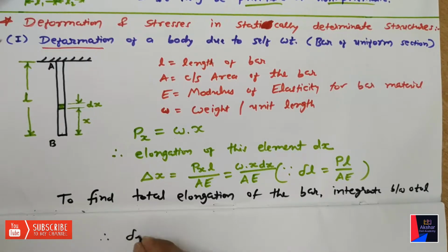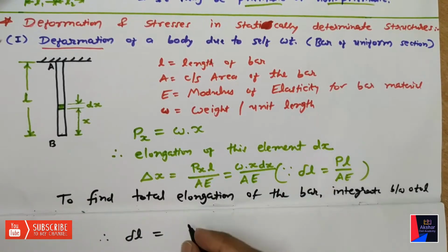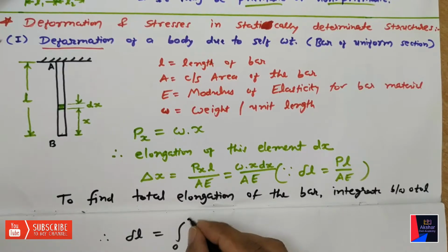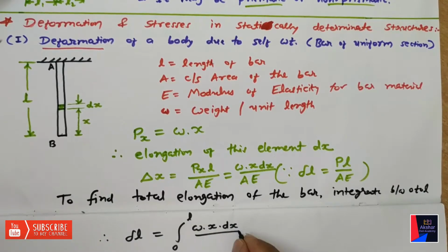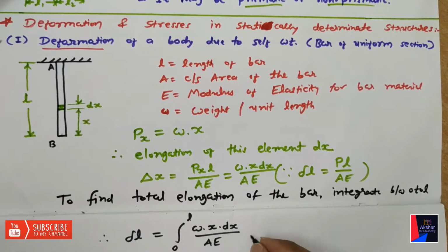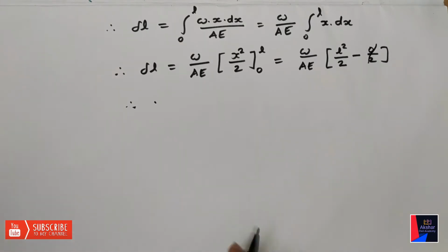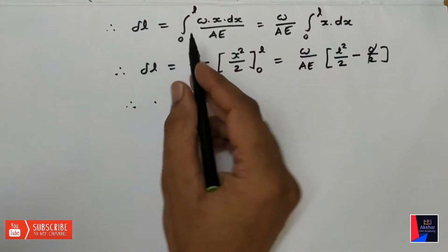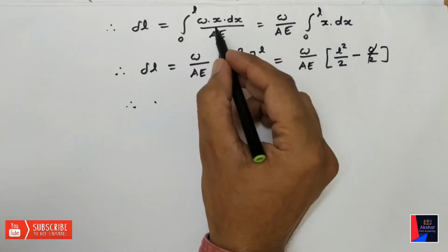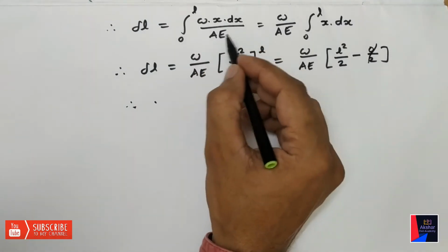Total elongation del L will be equal to the integration from 0 to L of w x dx upon AE. Hence we can write delta L is equal to integral from 0 to L of w x dx upon AE.